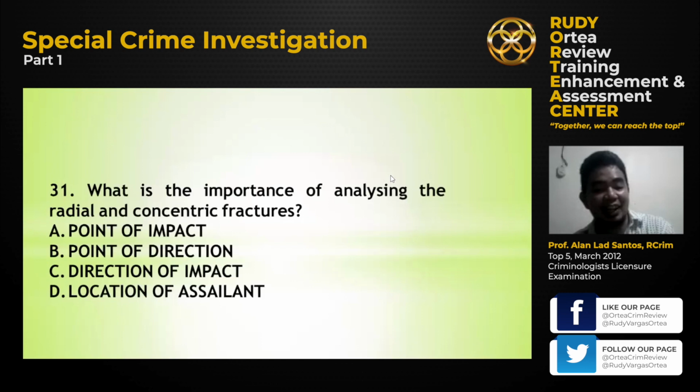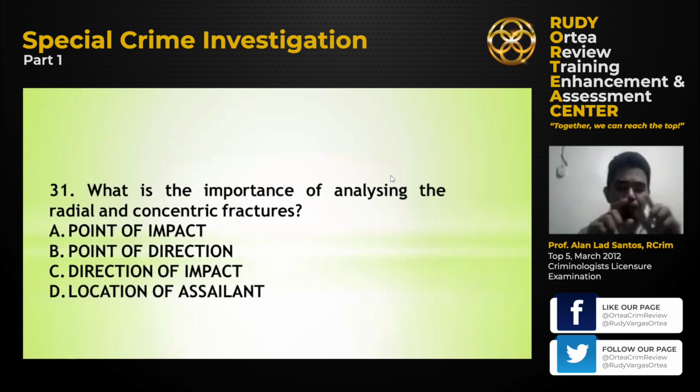Mapipoint natin kung saan binasag yan sa pamamagitan ng analysis of radial and concentric fractures. So, the answer is point of impact.